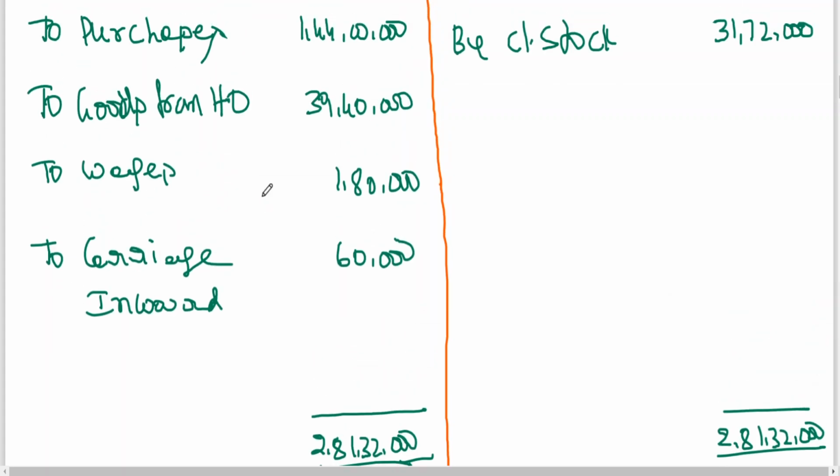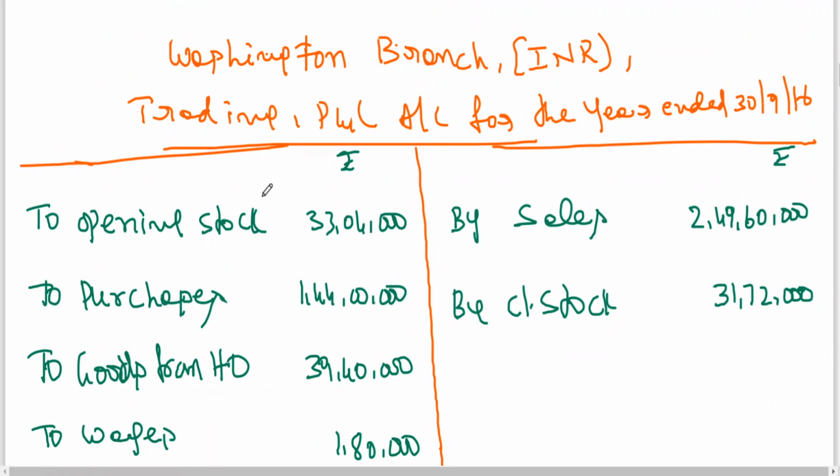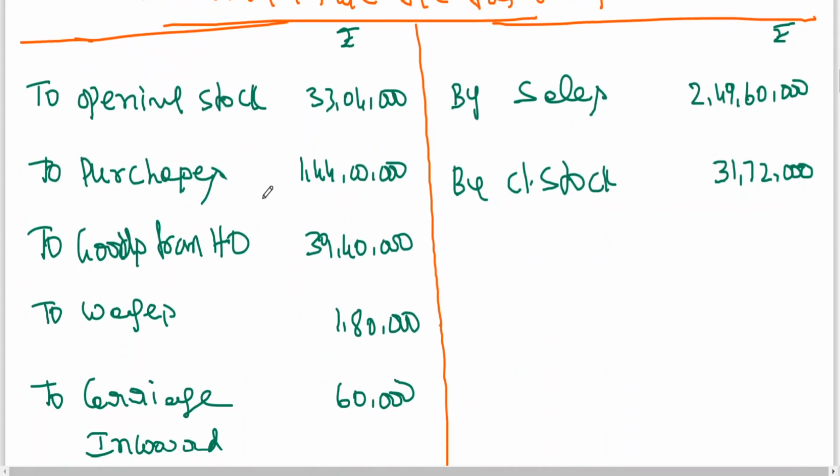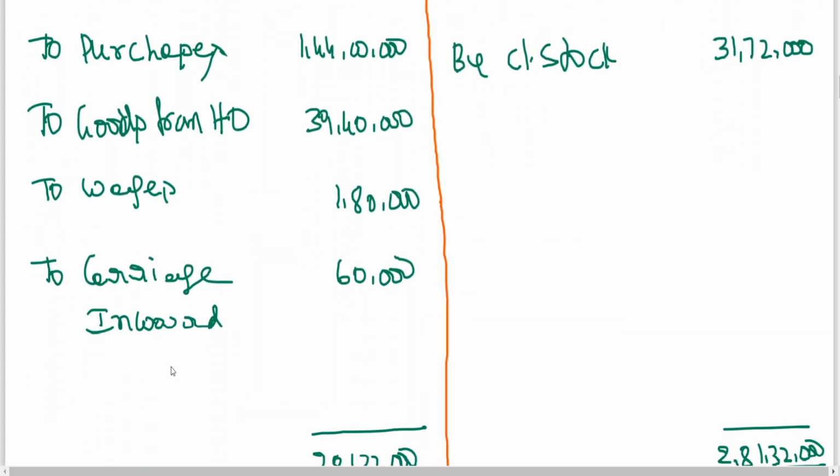Now from this you have to deduct these items: minus 33 lakhs 4,000, minus 1 crore 44 lakhs, minus 39 lakhs 40,000. If it is in the classroom, you will be doing the calculation. Now here I am forced to do the calculation. Am I right? Minus 60,000. You'll be getting 62 lakh 48,000.